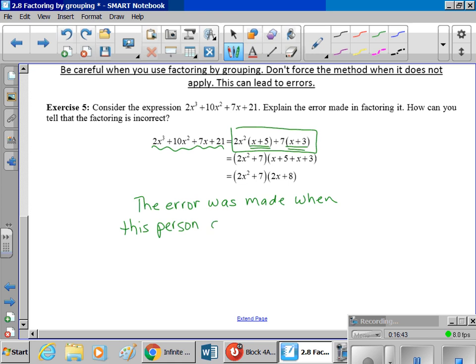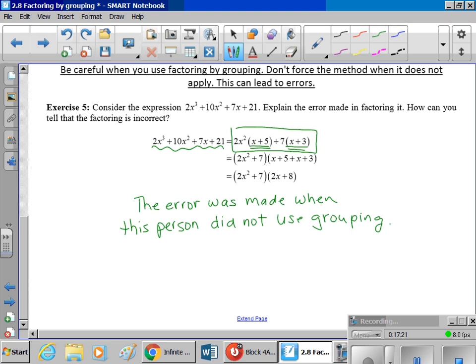This person did not, I'm going to say did not use grouping. Honestly, it's such a mess. I don't even know where to start with where this person went. They just didn't use grouping. Because if they used grouping, they would have recognized that if one was x plus 5, then the other binomial should have been x plus 5. Or if one was x plus 3, the other had to be x plus 3.